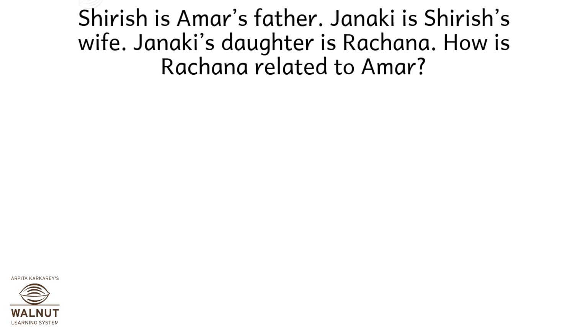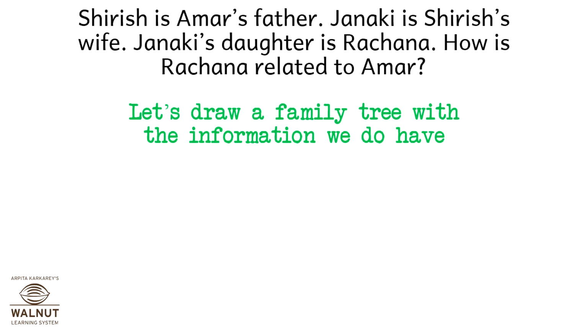Well, let's go to the next one. Shirish is Amar's father. Janki is Shirish's wife. Janki's daughter is Rachna. How is Rachna related to Amar? Let's draw a family tree with the information that we have. Let's write Shirish here, draw an arrow and write Amar.